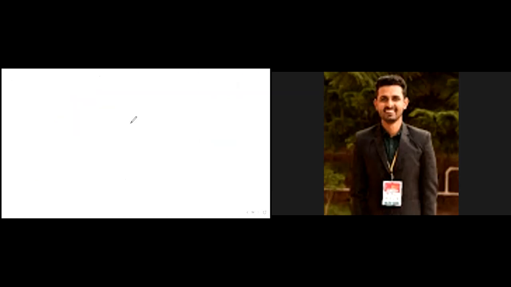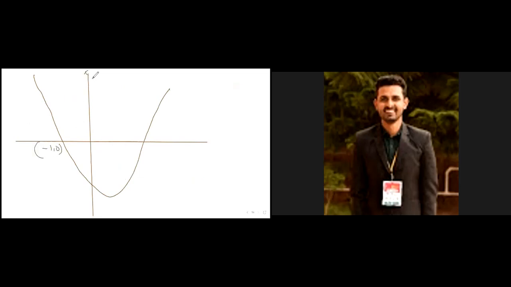Okay, and if I plot a graph, then it will be of this type, and it will intersect at -1 comma 0. This is y, and this is x.